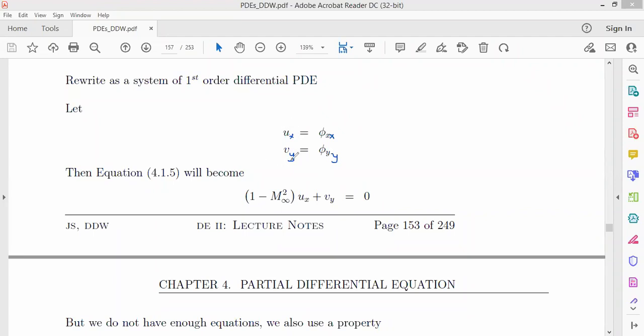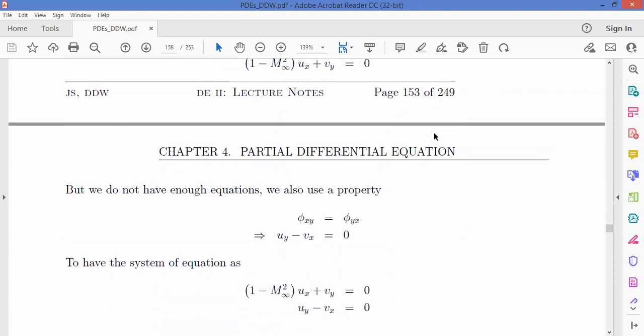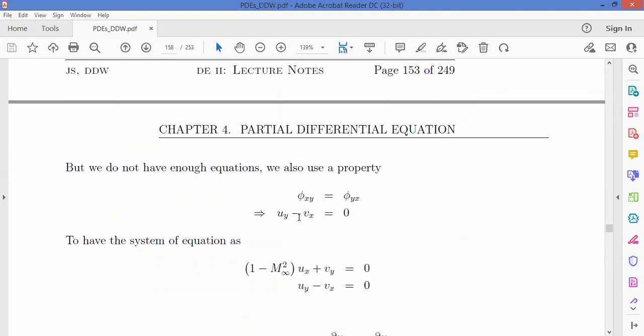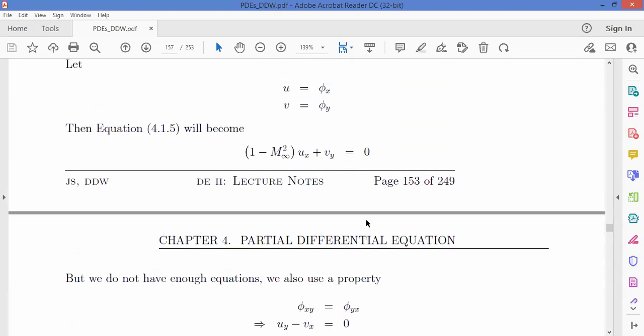So these two can be combined. If you look at the part we have now down here, if you look at these two, u_y minus v_x, that would give you a 0.